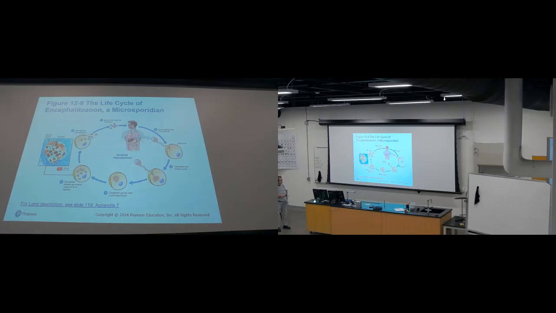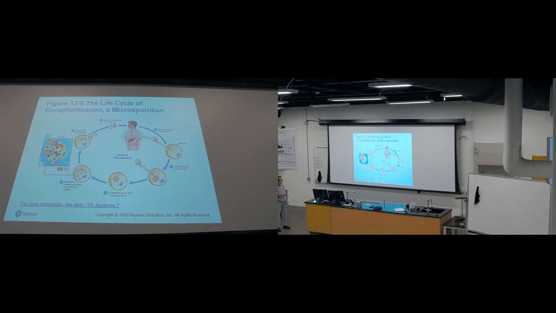Once inside the host cell, the spores start growing inside the cytoplasm of the cell. And then you will have the breaking up of these into small clusters of spores, and then you will release new spores. And then another person can inhale them, and another cycle can occur.